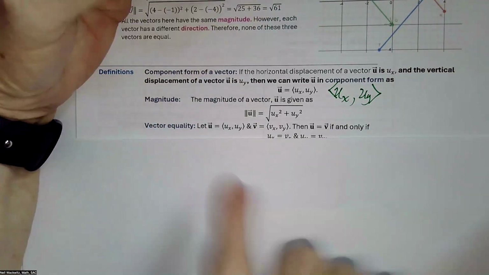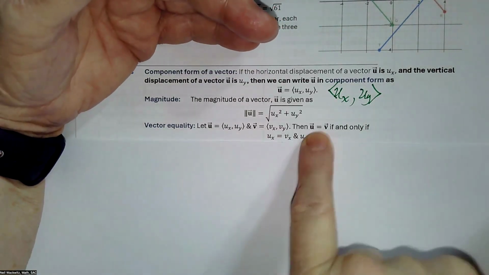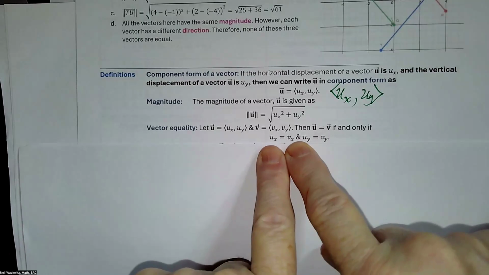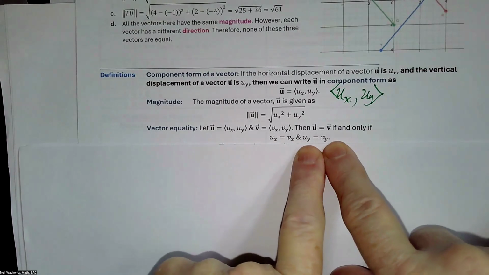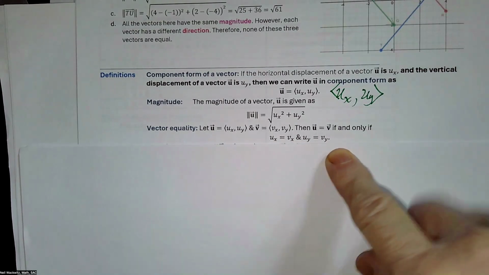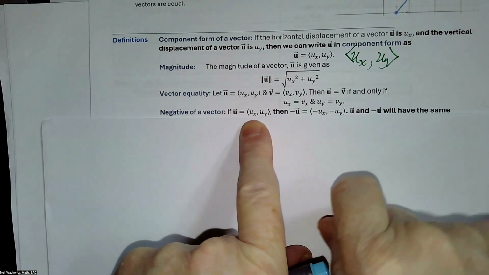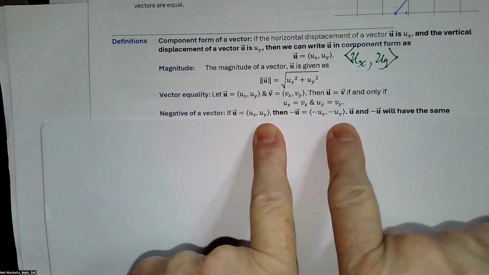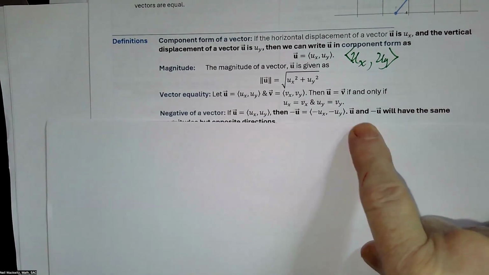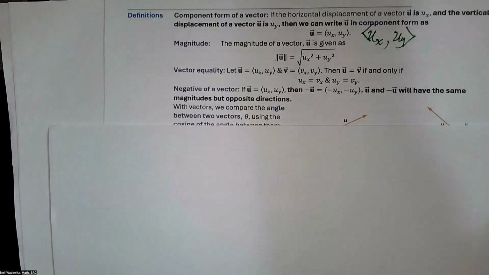Two vectors u and v are equal only if u sub x and v sub x are the same, and u sub y and v sub y are the same. The negative of a vector u is exactly the opposite, so it's negative u sub x, negative u sub y. U and negative u will have the same magnitude, but obviously opposite direction.